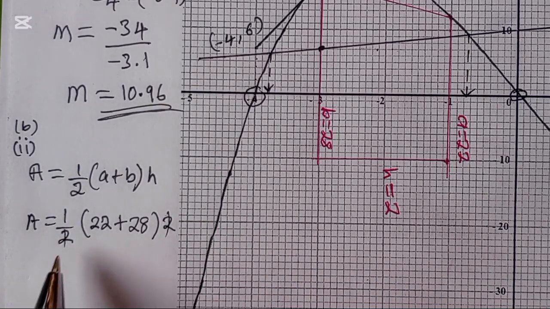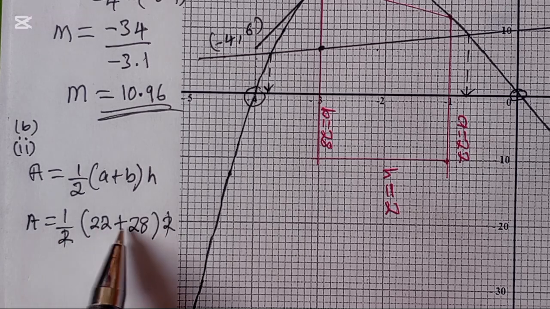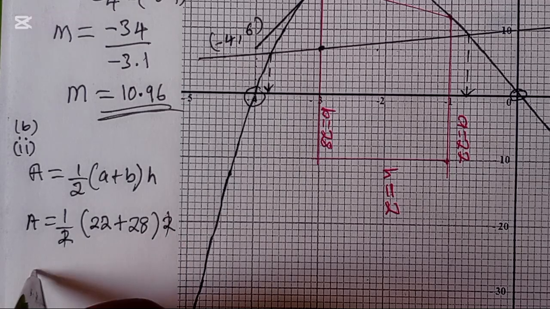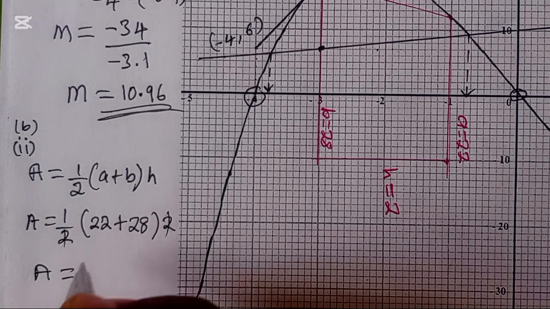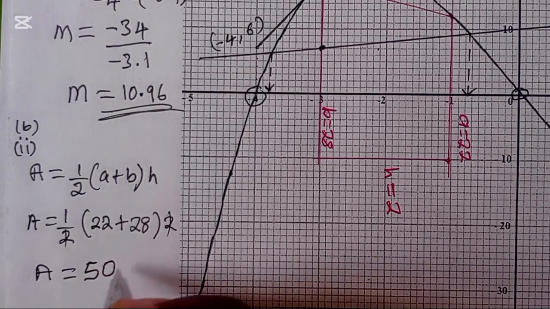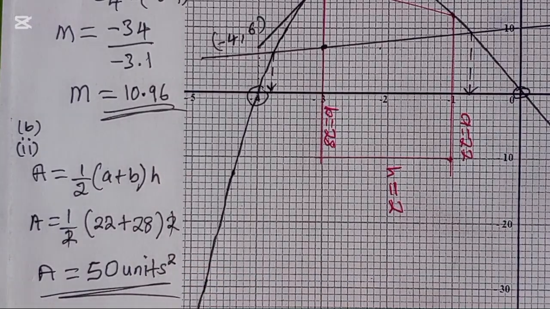Remember that you cannot divide these 2 into 22 or 28. No, why? Because there is an addition there. So 2 and 2 go. So area is equal to 22 plus 28. So the answer is 50. So 50 units squared. So that is our area.